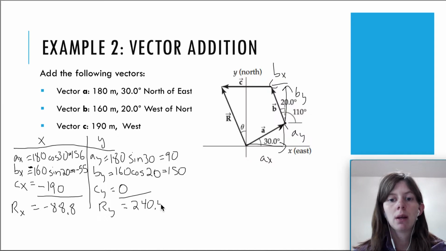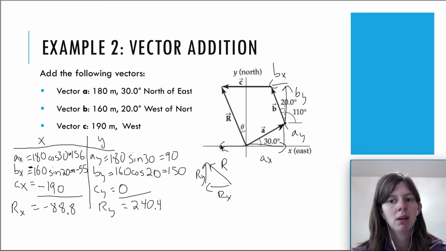And then I like to take a second and draw these two. So x is to the left and y is upward. This shows me exactly which way my resultant is going. Now, I already know which way the resultant is going because there was a sketch given, but you can see that this resultant here does have a component to the left and a component upward, which is what we just found.